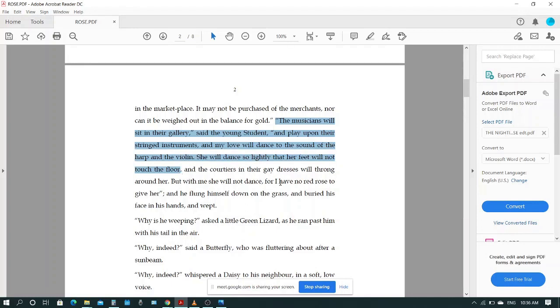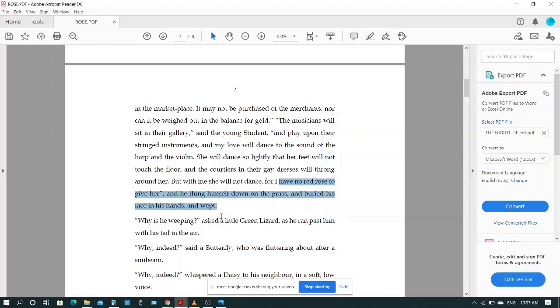He says that I have no red rose to give her, and he flung himself down in the grass and buried his face in his hands and wept.